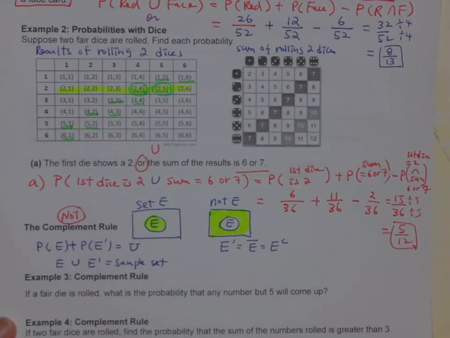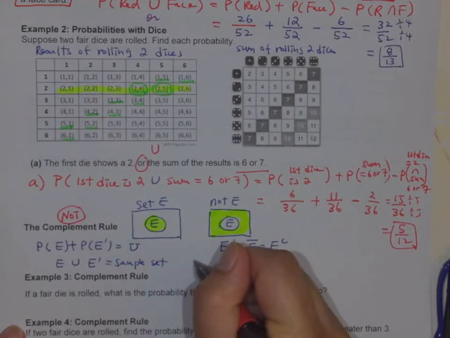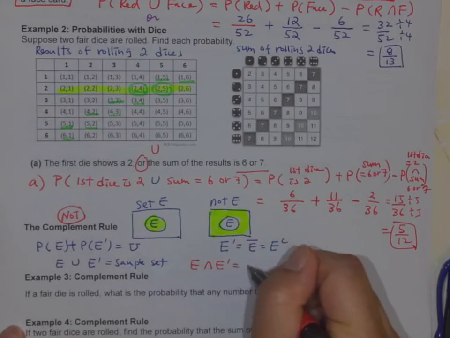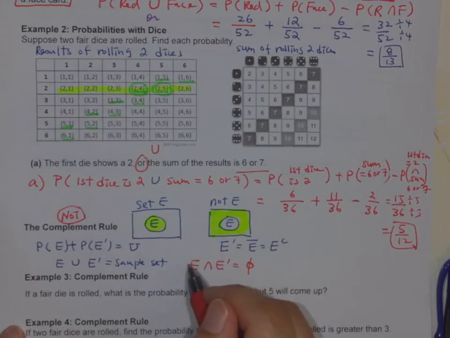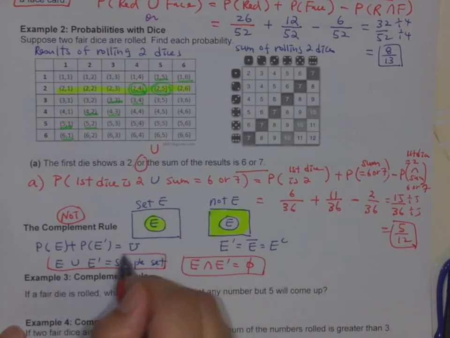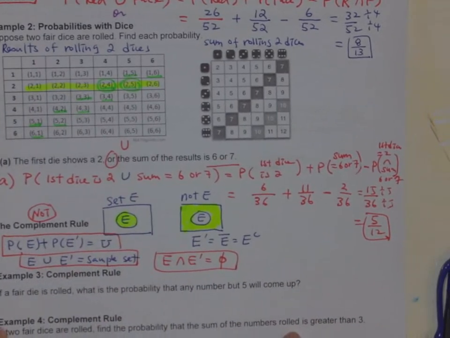Alright, or you can say it's also true that the two should not have anything in common, right? So if E intersecting not E, you should get an empty set. So this is true also, and this is true, and this is true. Okay, some more property.